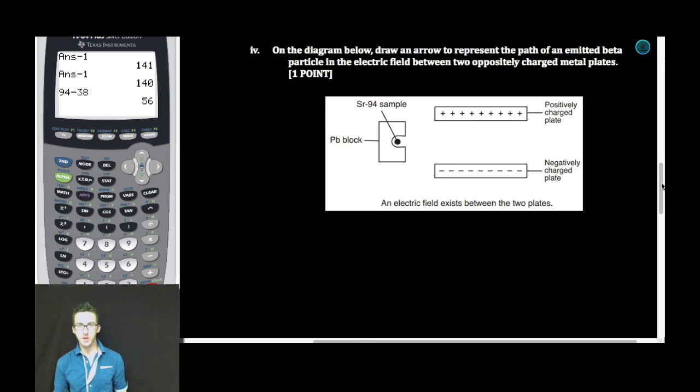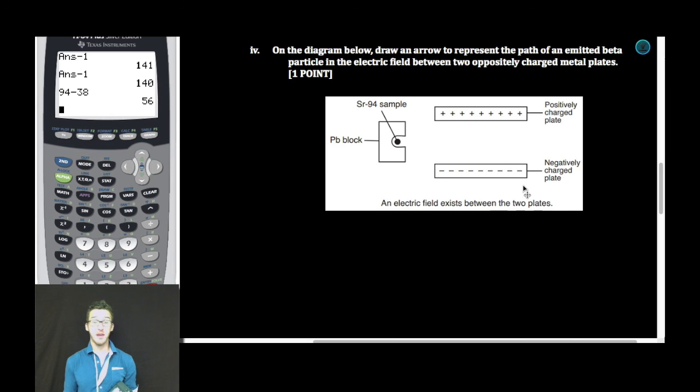All right, and that takes us to our final subsection here. On the diagram below, draw an arrow to represent the path of an emitted beta particle in the electric field between two oppositely charged metal plates. So as you take a look, we have a sample of strontium-94, and it's undergoing beta decay. It's giving off beta particles, and we want to know if those beta particles are emitted through an electric field between two oppositely charged plates. We have a positively charged plate and a negatively charged plate.